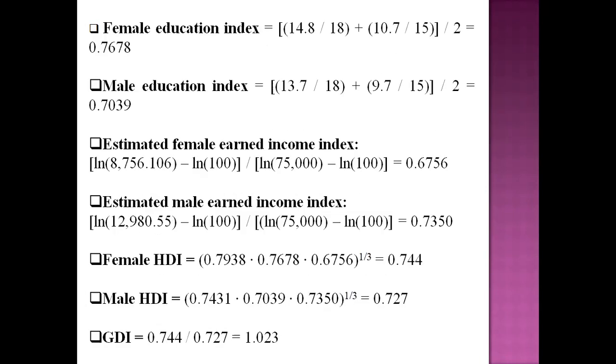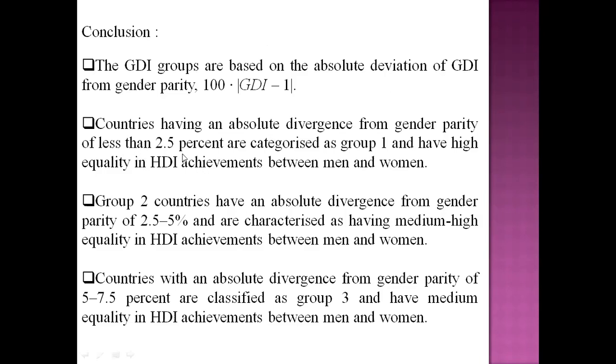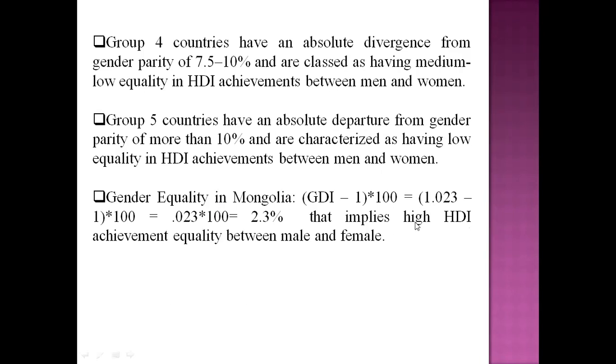Gender parity means 1, and the absolute deviation of Mongolia from it is just 2.3%, which is less than 2.5%. This implies high HDI achievement equality between male and female in Mongolia. So in Mongolia there is less discrimination between male and female in terms of education, health, and income.